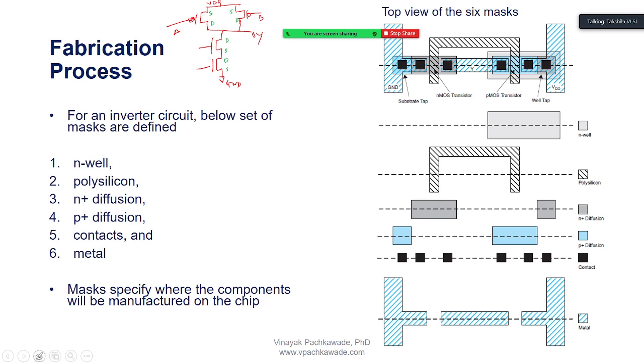So first, I can start with any transistor. Let's say I want to draw the N mask. So here I am going to draw the N well. This is the N well, and here are going to be my two transistors.